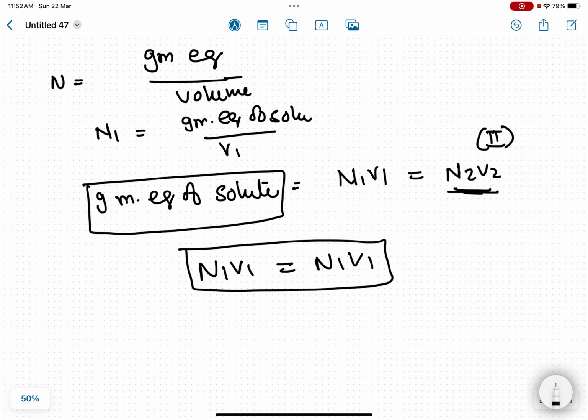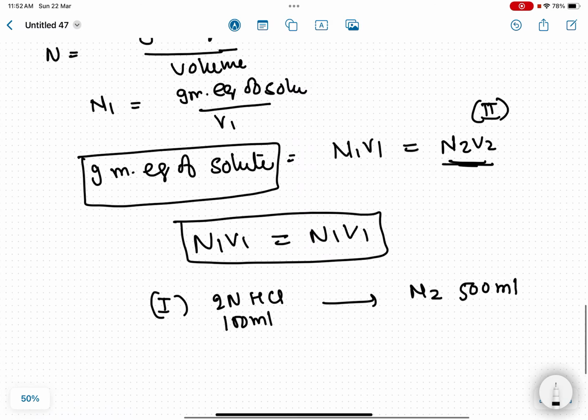And to solve this, like we said, at the first stage 2N HCl in 100 ml volume is diluted to some normality N2 and 500 ml volume.